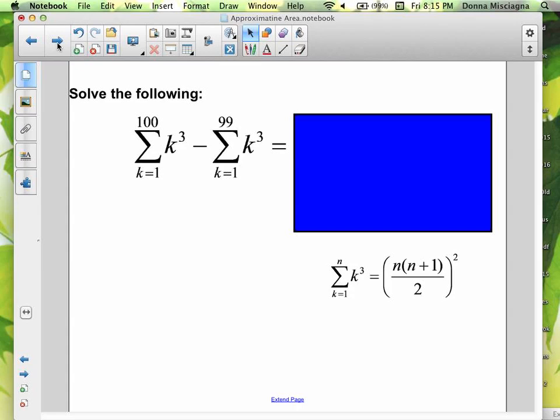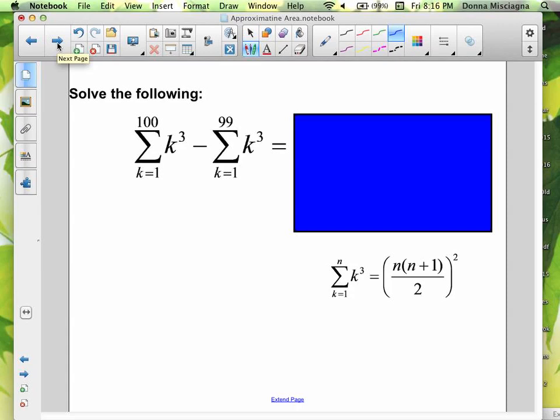And so this one, we want the first 100 terms minus the first 99 terms. So what if we calculate that out? We could use our handy little formula there.